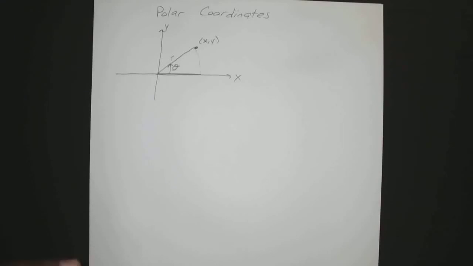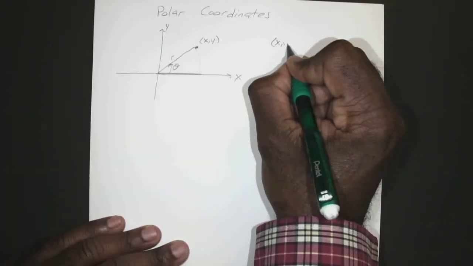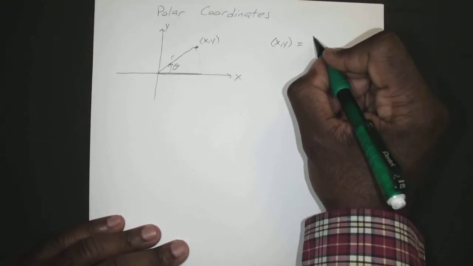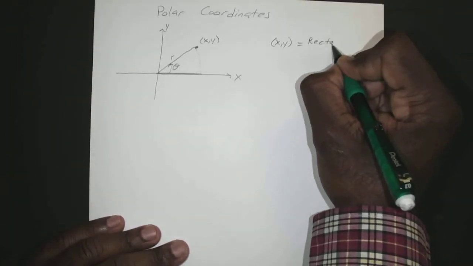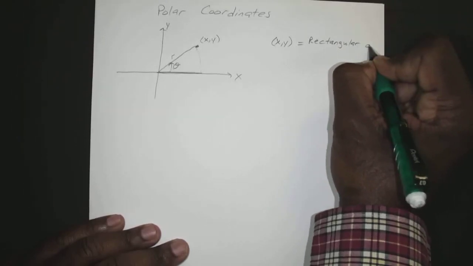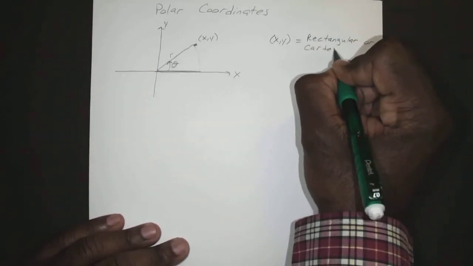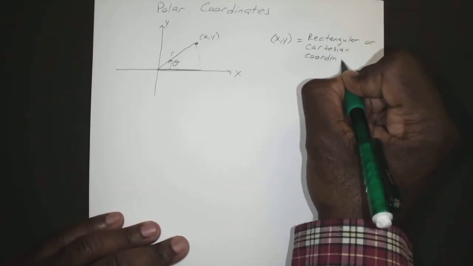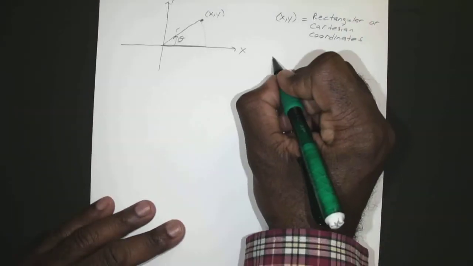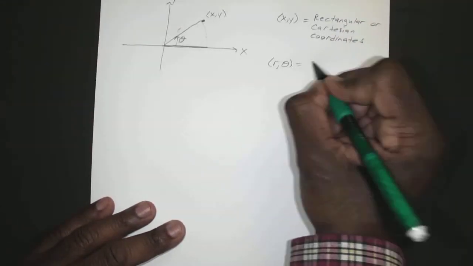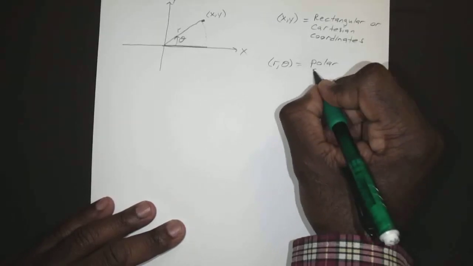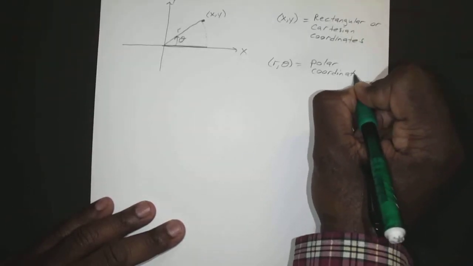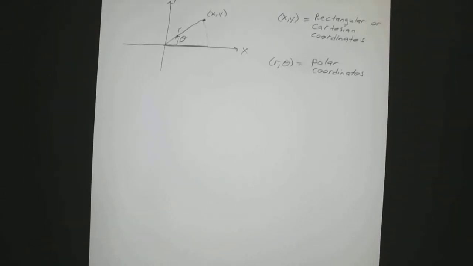So you can get right at the exact same point where your x comma y is your rectangular or Cartesian coordinates, and r theta are your polar coordinates. Okay. It's the exact same point, just a different method of getting there.